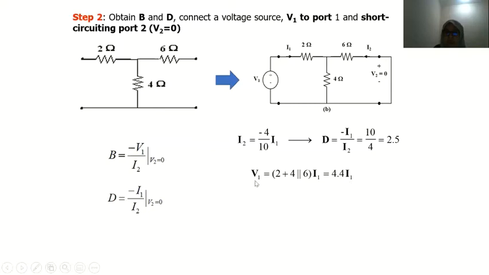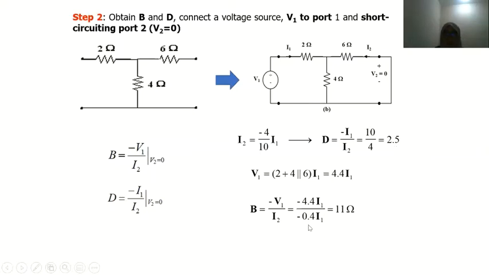This is your V1 in terms of I1. But remember that your B is V1 in terms of I2. We know that I2 in terms of I1 is minus 4 divided by 10, and your I1 in terms of I2 is minus I1 equal to 2.5 I2.